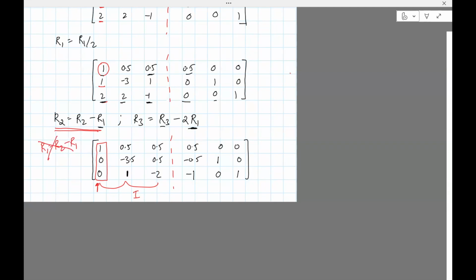This is not correct, because think of it this way. This is the old R2, this is the new R2. I'm trying to get to a new R2, changing my 1 to a 0. So I need to get a new R2, and so it has to be an R2 on the left side and not R1.